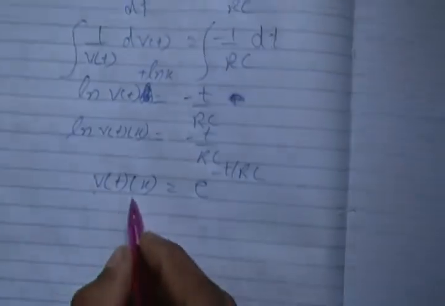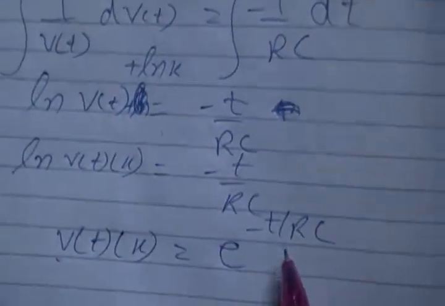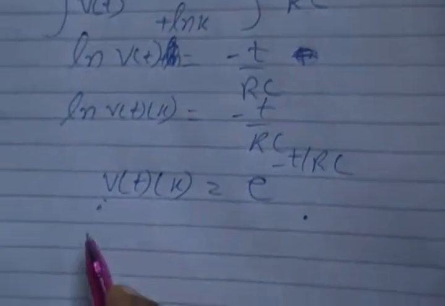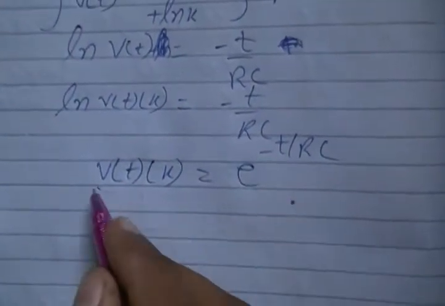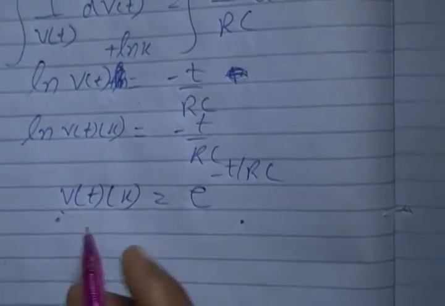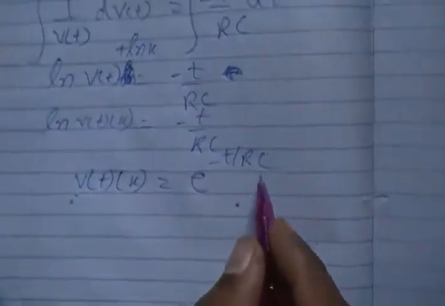I think you know how we write this, because I can also explain this. If you don't understand this step, then you can comment on this video, then I will explain how we write this, because this is the step of mathematics you should have to know. So V of t into k is equal to e to the power minus t over RC.